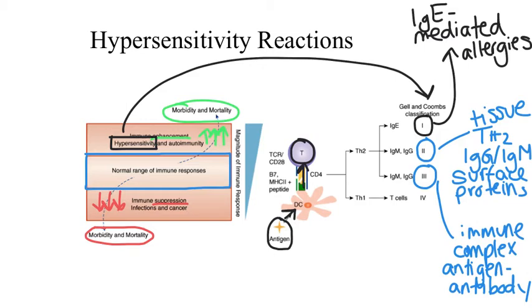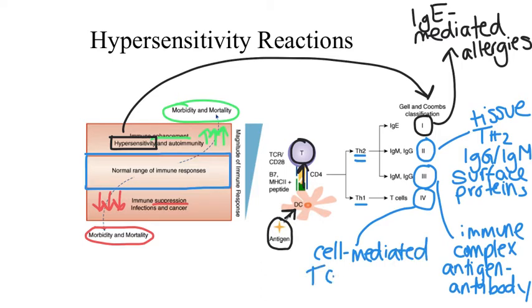Types 1 through 3 are all mediated by Th2 T cell overactivation. In contrast, when the Th1 subtype of T cells is overactivated, this results in a type 4 hypersensitivity reaction, also known as cell-mediated. This is when these activated T cells directly cause cellular damage.